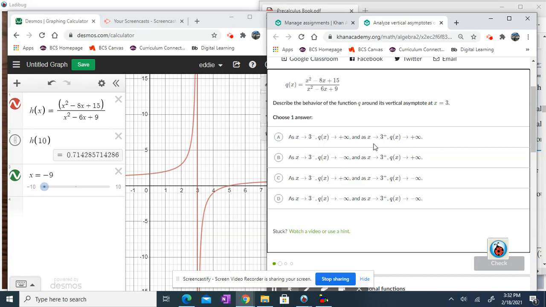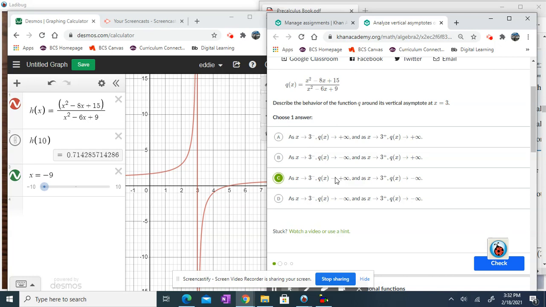That's true. And as x approaches 3 from the positive side, it should go down to negative infinity. So I think this one's going to be correct. Let me see if that's right. As x approaches 3 from the left, it goes to positive infinity. And as x approaches 3 from the right, from the positive side, it goes to negative infinity.